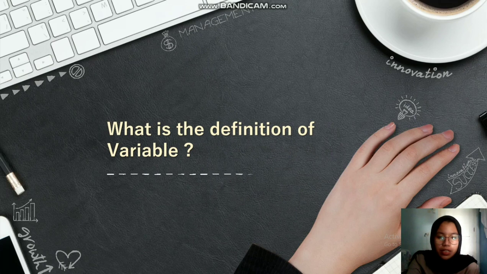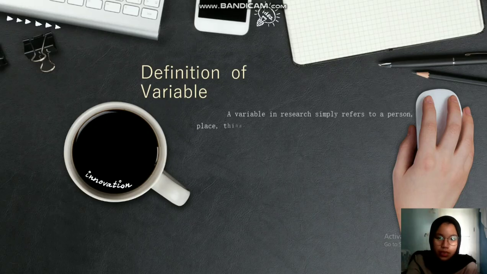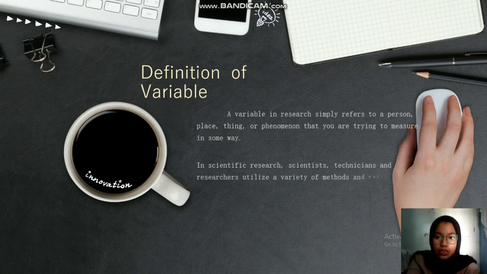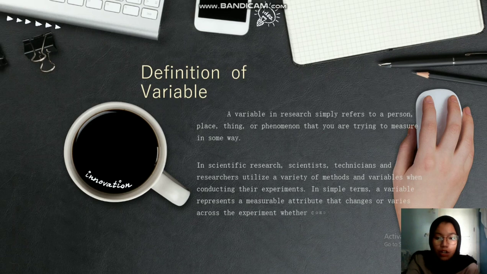For the first material, what is the definition of variable. A variable in research simply refers to a person, place, thing, or phenomenon that you are trying to measure in some way.